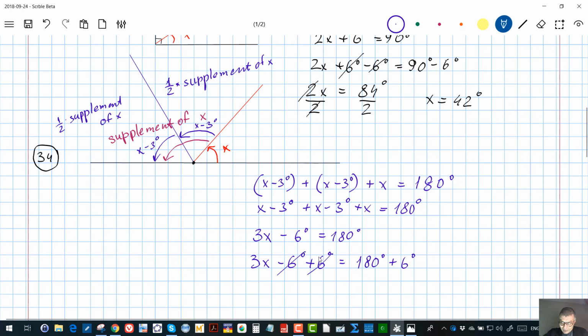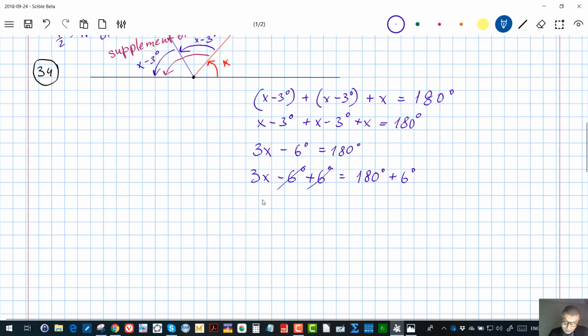And here we go. And now all we have to do is divide by 3, and thus getting x equals, so how much, 180 divided by 3, it's 60, 60, and another 6 gives us 2.